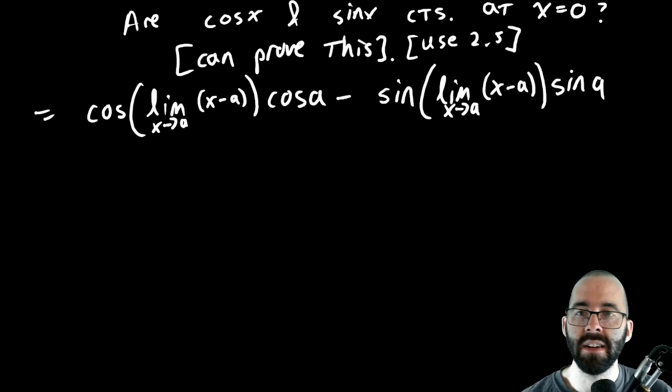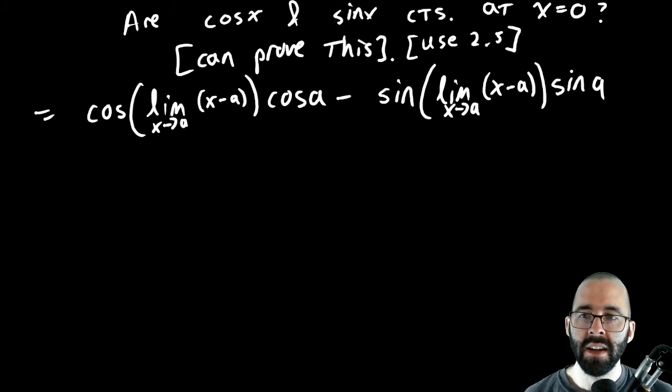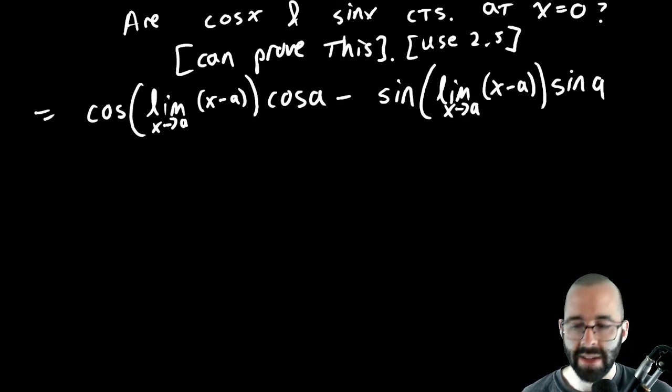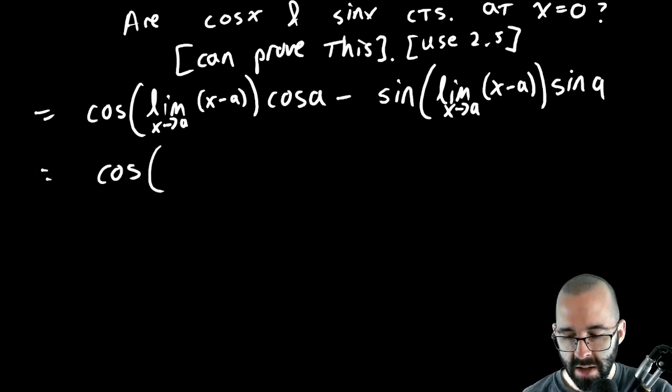Right? Composite function theorem lets us move that limit inside. And now this limit is super easy to evaluate. This is the limit of a linear function. It's a limit of a polynomial. We can just plug in a.